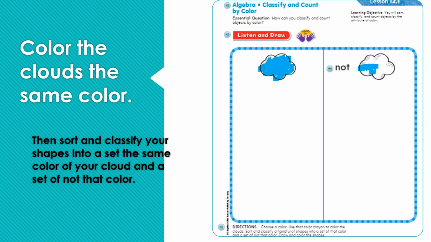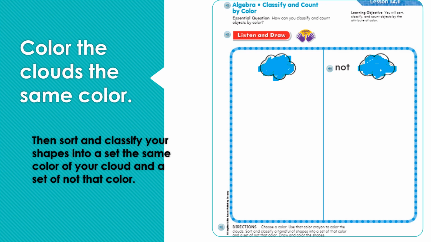All right, so basically what we're doing, you can choose any color, like I said: red, orange, yellow, green, blue, not purple because I didn't put purple shapes inside your bag. You have two different sections here on your work mat.